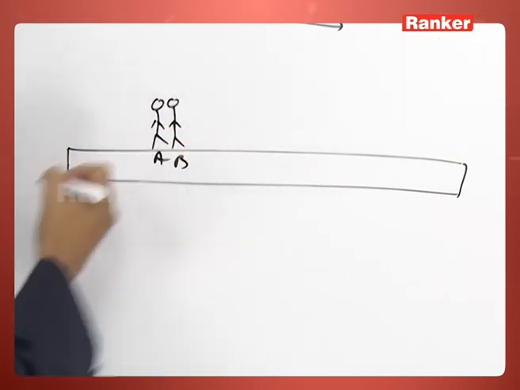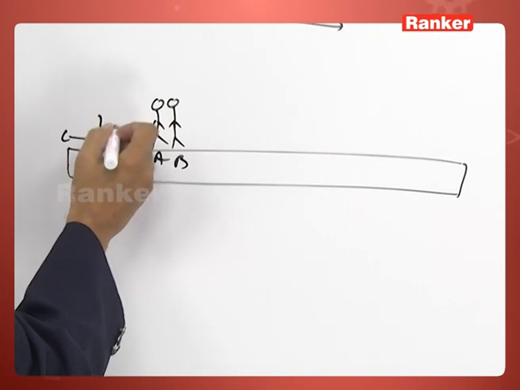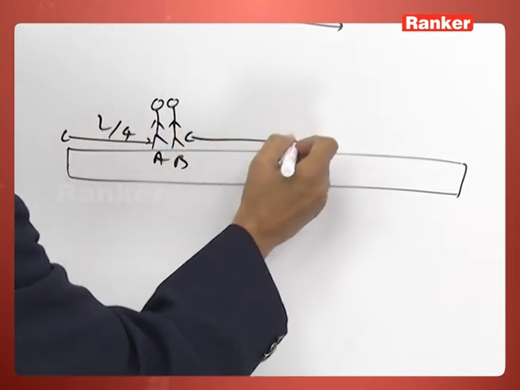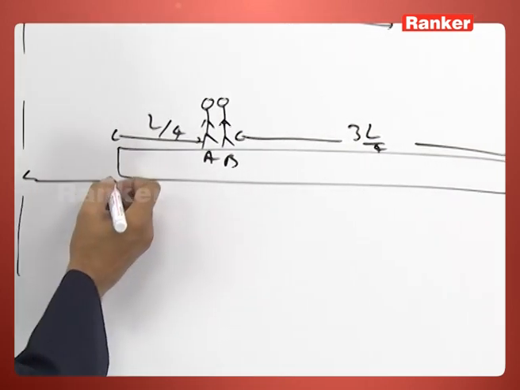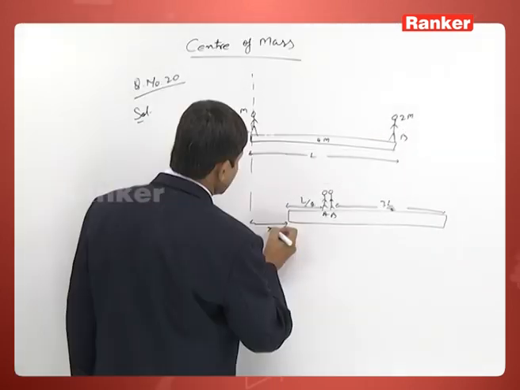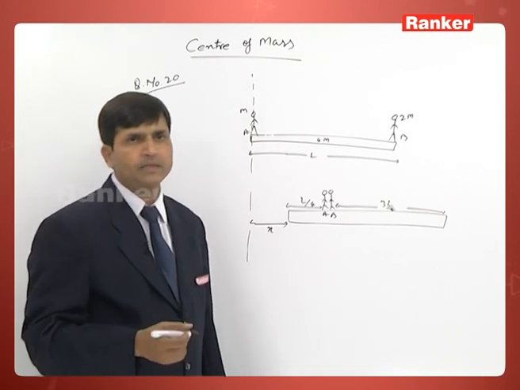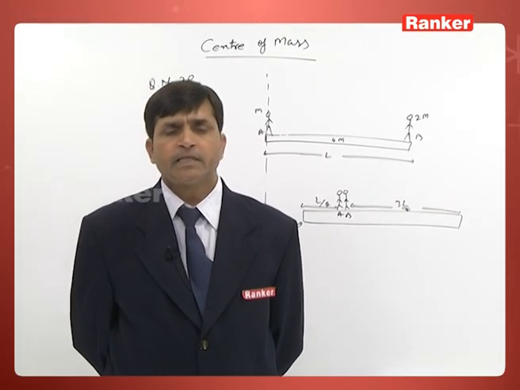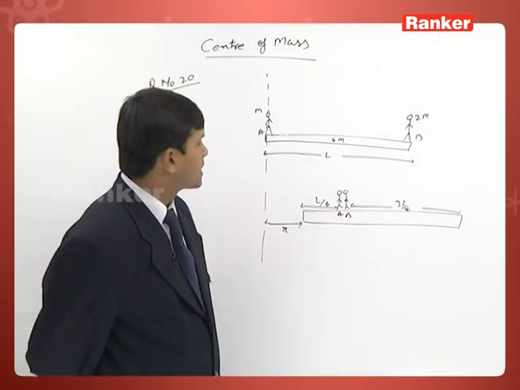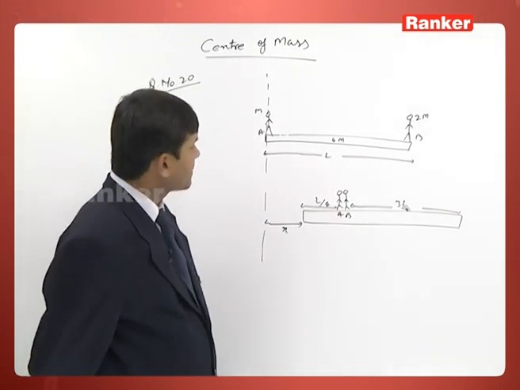A has travelled L by 4. B has travelled 3L by 4. And let the displacement of the boat be x.